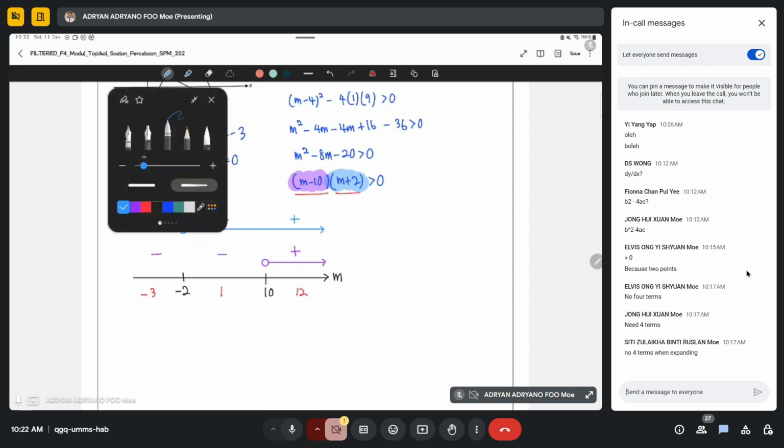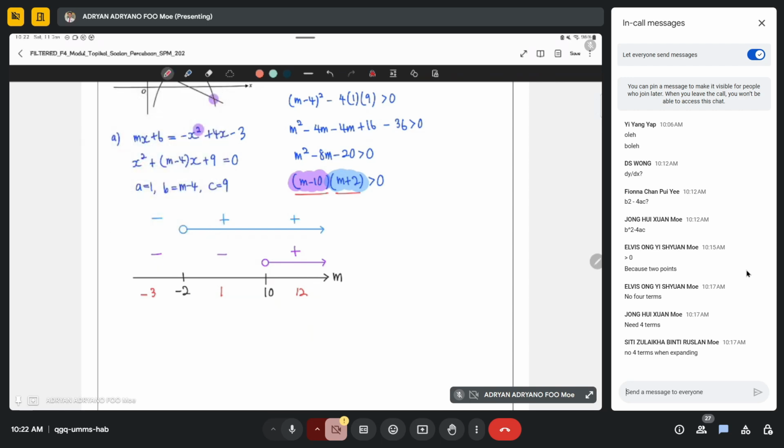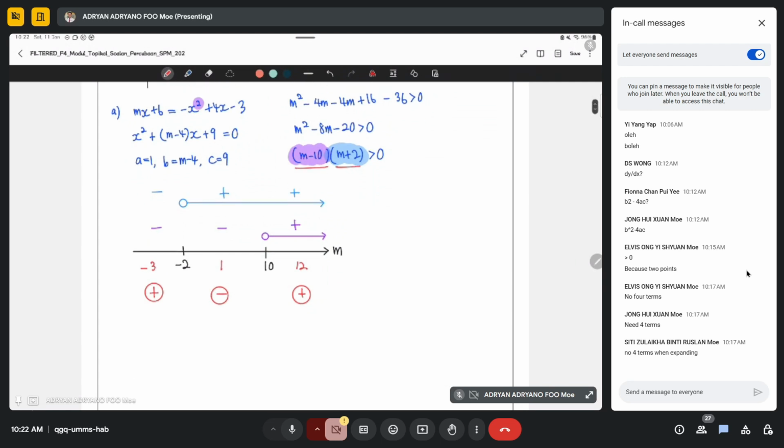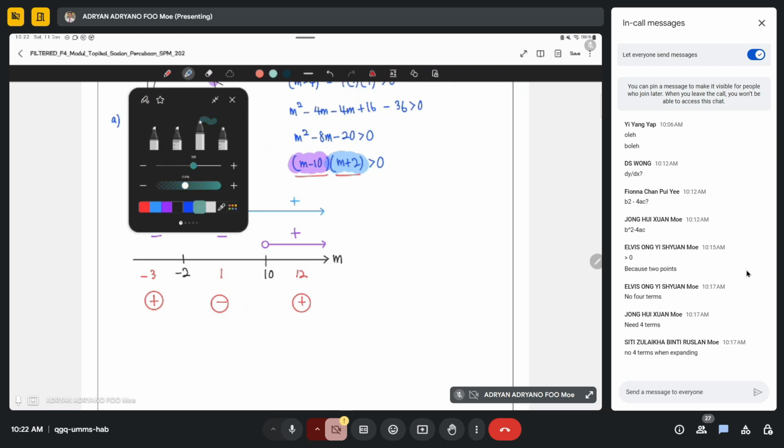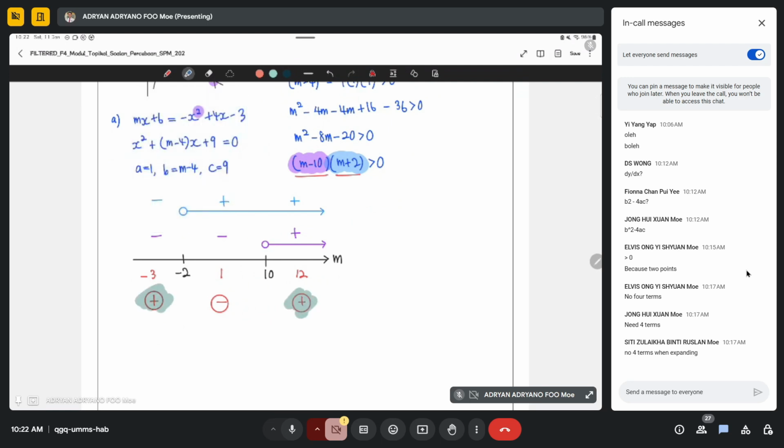Okay, now what you get is 你要把这两个符号互相乘给它。You multiply it. So negative negative I get positive. Positive negative negative. Positive positive positive. Okay. 所以我们现在要哪一个？我们要大过 0 的，对吗？So 大过 0 的是谁？This side and this side.